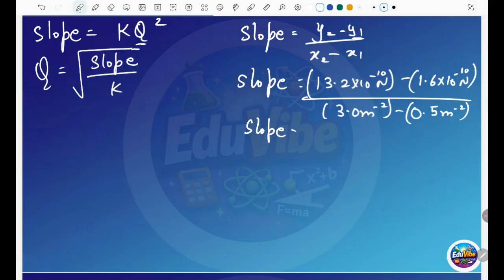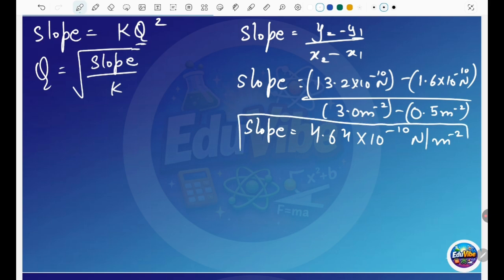When you solve this, you get 4.64 into 10 raised to power minus 10 newton meter square. So this is the slope.